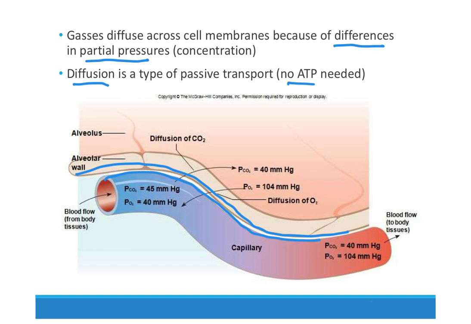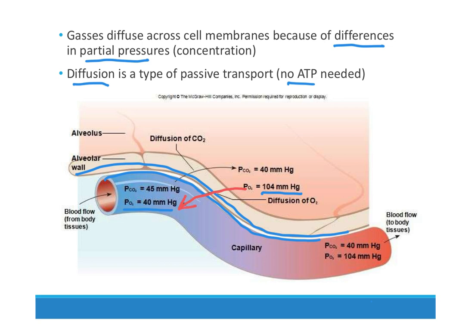So as the air coming in mixes, we end up with about 104 millimeters of mercury being the partial pressure of oxygen inside your lungs. But that is still much higher than the partial pressure of oxygen that is in the veins of the blood coming into the capillary bed, because that's only 40 millimeters of mercury. So again, your concentration gradient is going to cause the oxygen to diffuse from the alveoli into the capillaries, into the bloodstream.